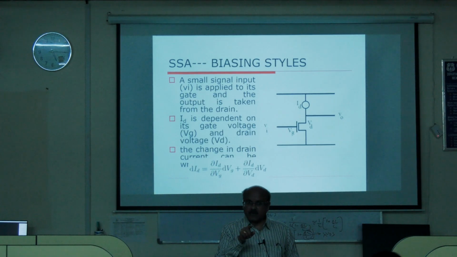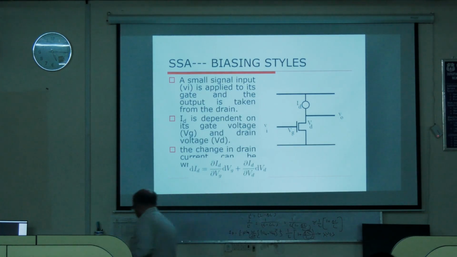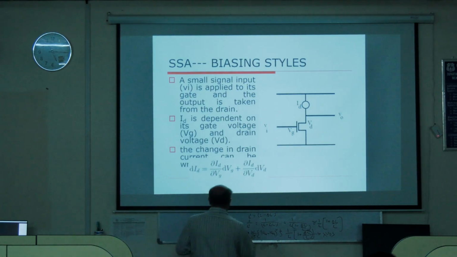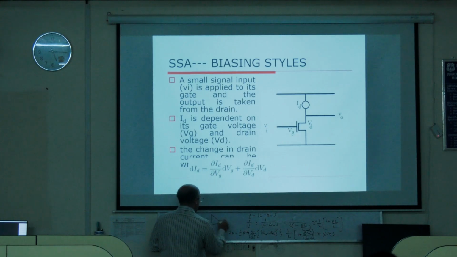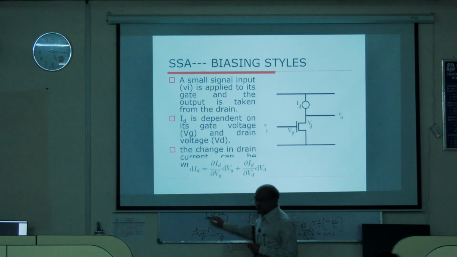So when Z is 1 by CGD S, this is the Z which is connected between the output and the input.